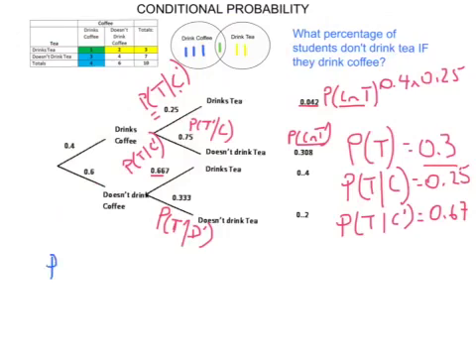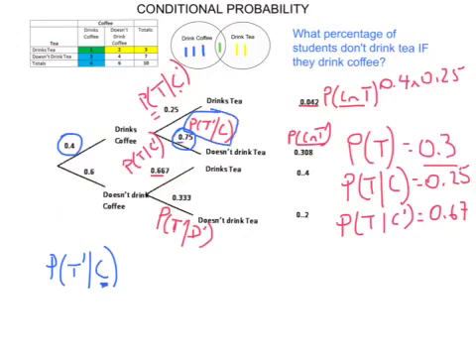What is the probability of not drinking tea if a student drinks coffee? So we were here, drinks coffee has happened, given that's already happened. The probability of not drinking tea is the one that we have to find out. So let's just highlight that that's what we're being asked for.